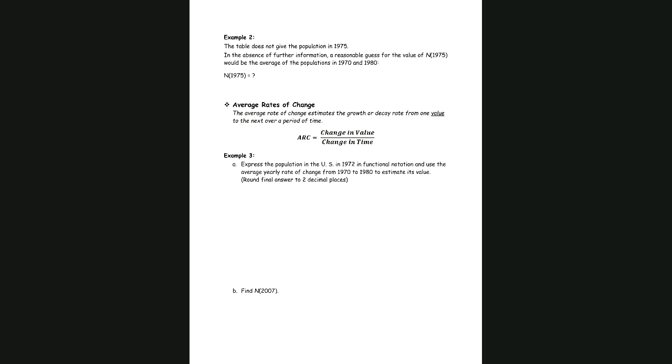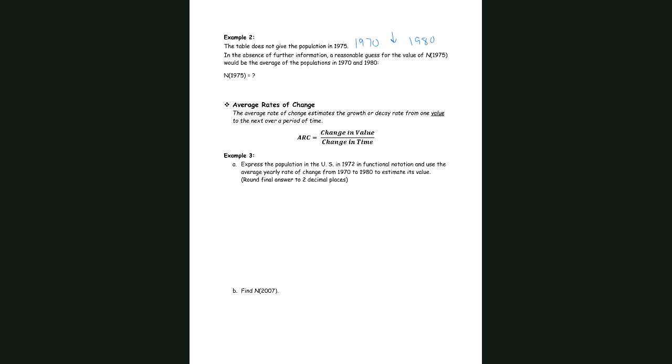Now, in example 2, we want to find the population in 1975. Since 1975 is right in the middle between 1970 and 1980, we can use the average to figure this out. This is one method of estimating the value for 1975. To find an average, you add the two numbers and divide by 2.